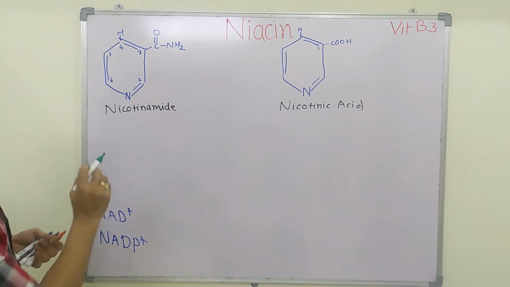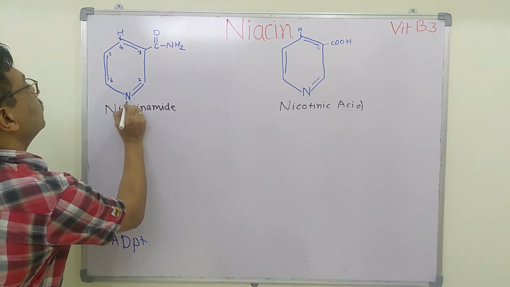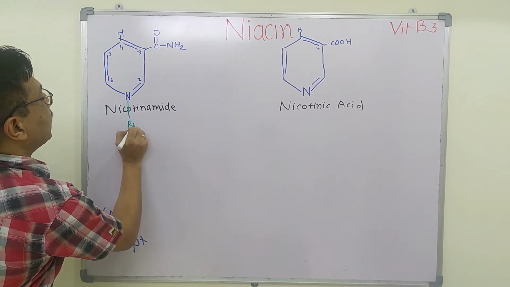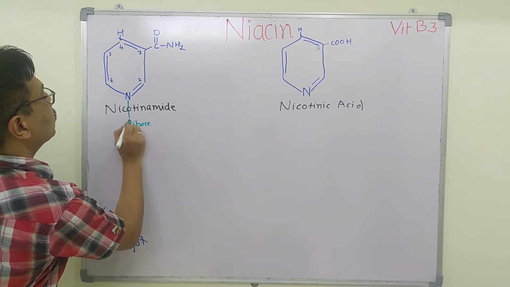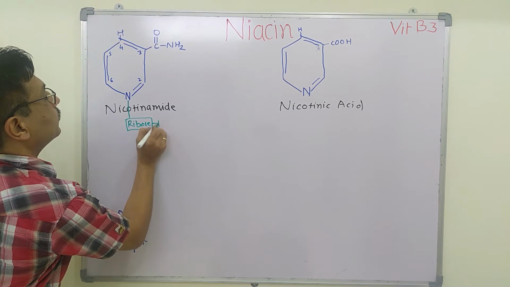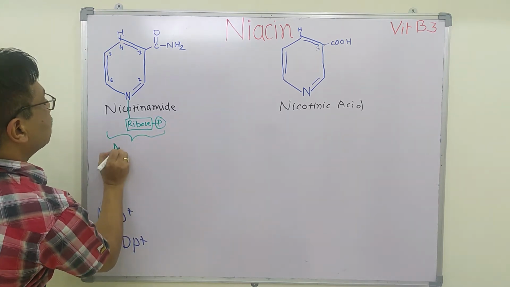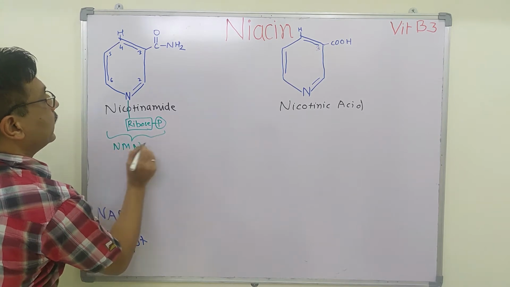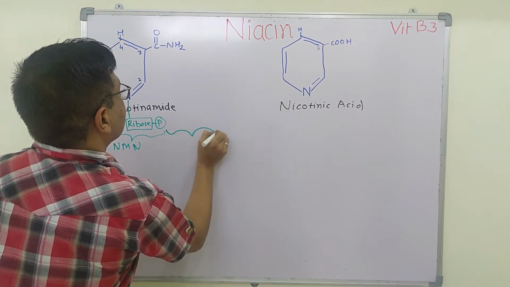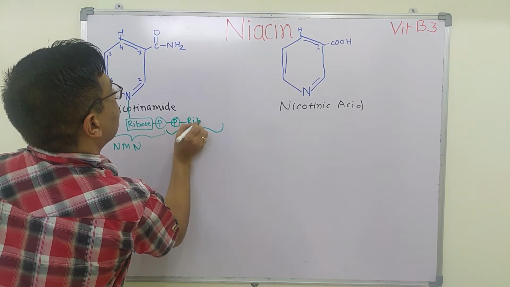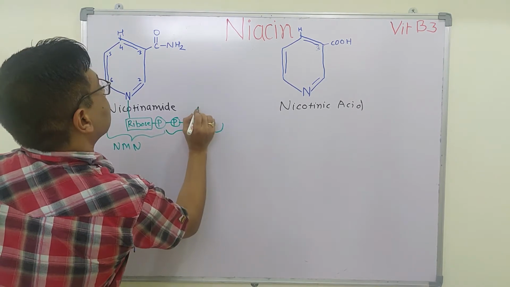NAD consists of nicotinamide, ribose, phosphate. This is nicotinamide mononucleotide, along with phosphate, ribose and adenine.